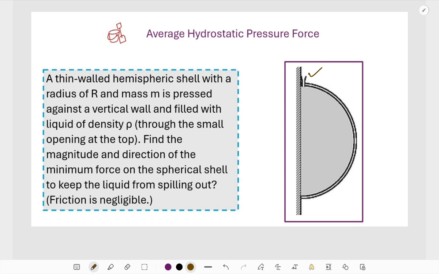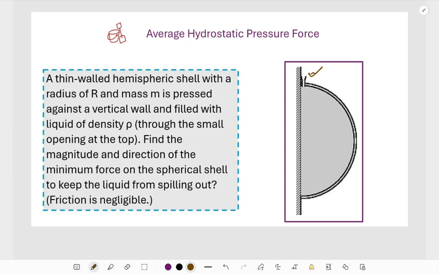The problem says that a thin-walled hemispherical shell with a radius r and mass m is pressed against a vertical wall and filled with a liquid of density rho through the small opening at the top, you can see this here. Find the magnitude and direction of the minimum force on the spherical shell to keep the liquid from spilling out.